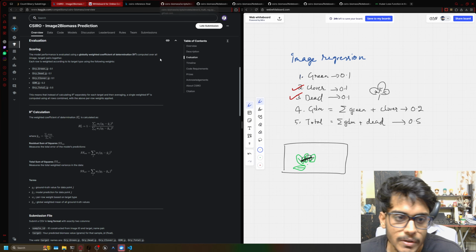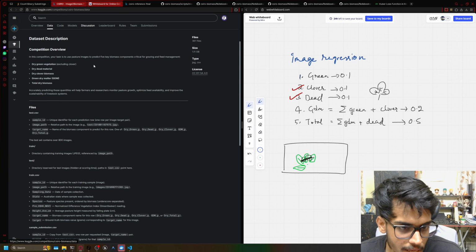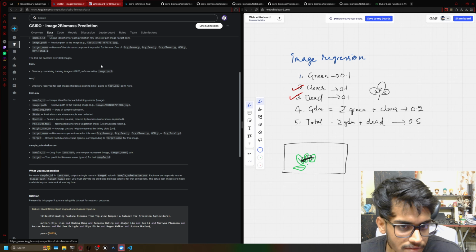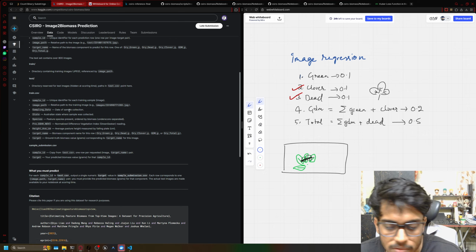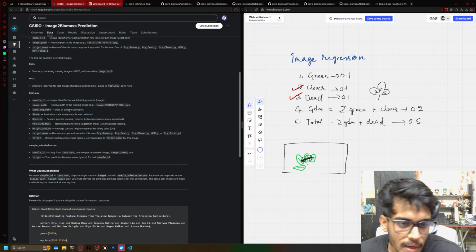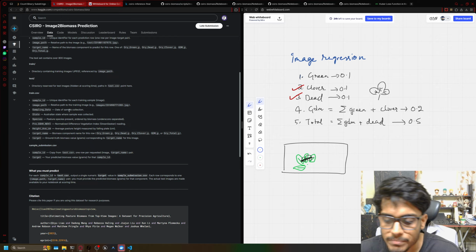So what I did, in the data set they have given us some metadata fields. Those are sample ID, image path, the path to the image, sampling date, the date on which they collected that image. Most of them were in the same year, only varying between the months.